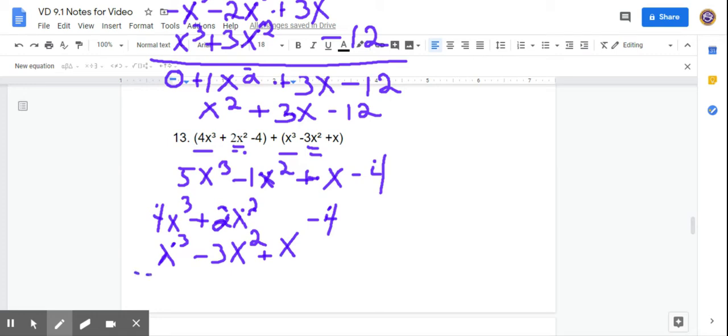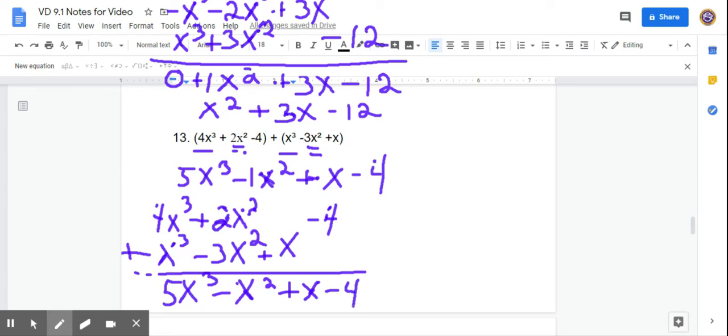So now when I add these two, 4 and 1 is 5, I get 5x cubed minus x squared plus x minus 4. So again, horizontal, vertical. It doesn't matter which way.